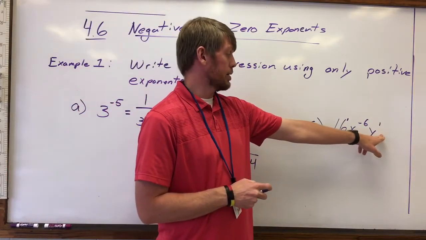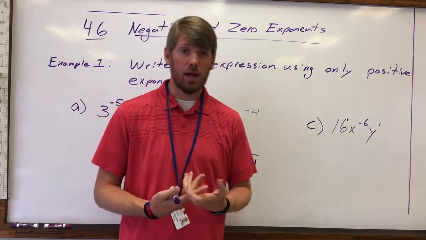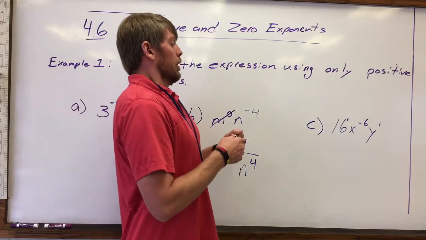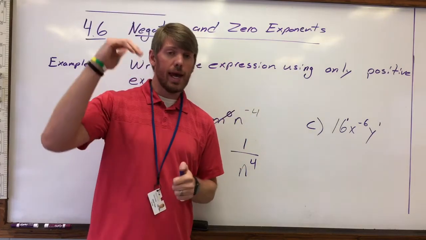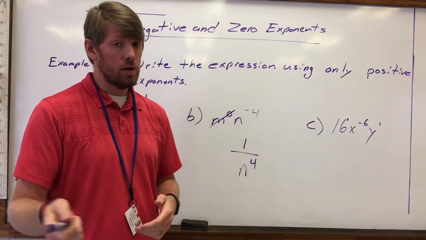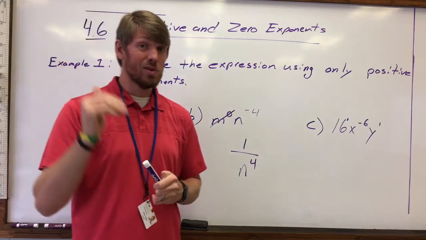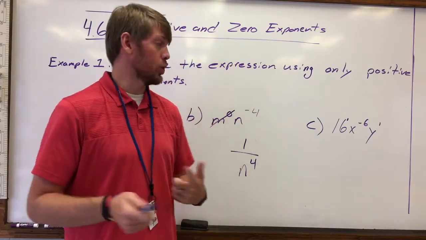This already has a positive exponent. The only one that I'm concerned about is the x. It has a negative exponent, x to the negative 6. So we would just need to, quote, move the x term down into the denominator. And the law of negative exponents tells me that I can do that as long as I just change the sign of the exponent to its opposite.